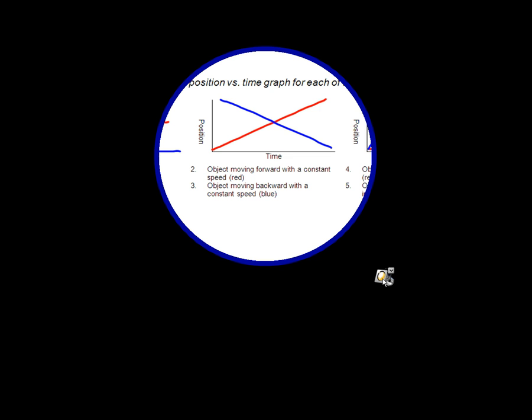An object moving forward and an object moving backward have a different direction. Can you have a negative slope? Yeah, it just means the line's tilting downward. These are both constant slope lines. The red one has a positive constant slope, the blue one has a negative constant slope. Good there? All right. Last picture.